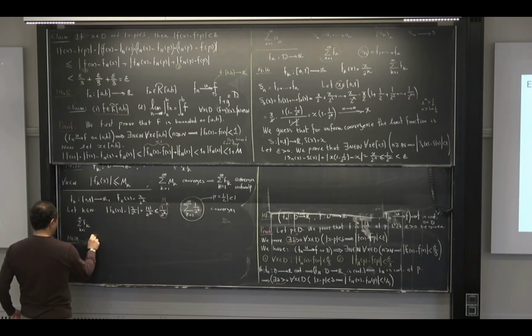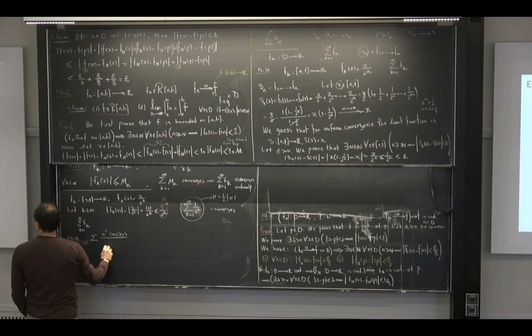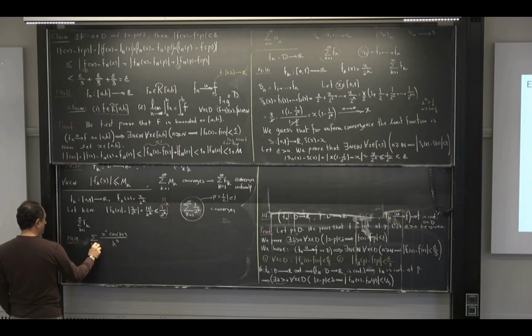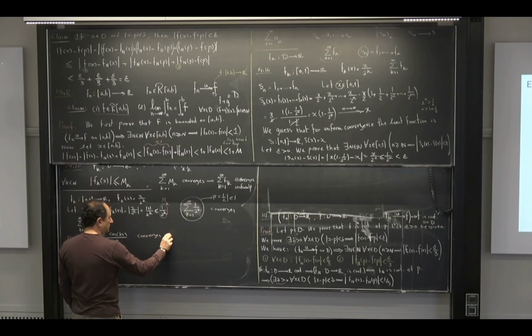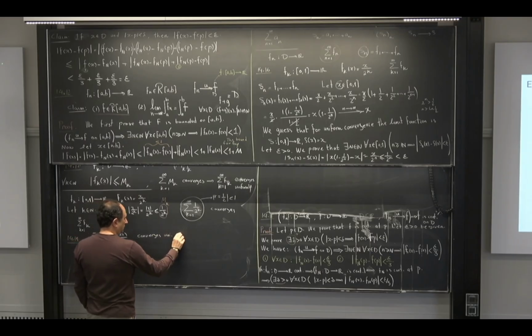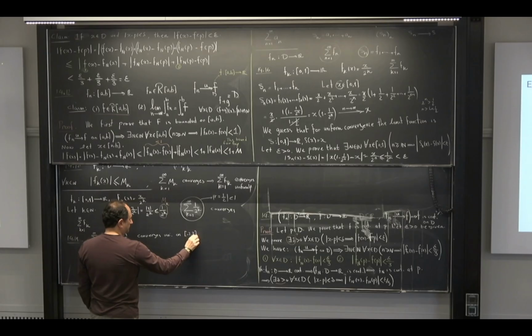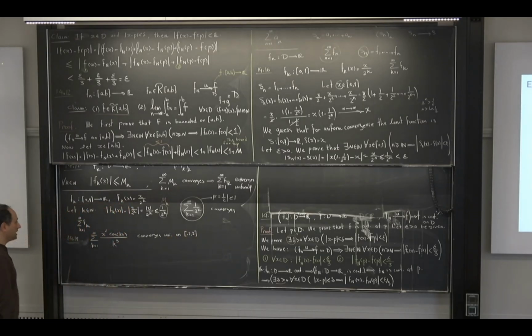Okay, so sigma x to the power of 2 cosine kx divided by k to the power of 3, and then I have k goes from 1 to infinity. We want to show that this converges uniformly on -2 and 2.